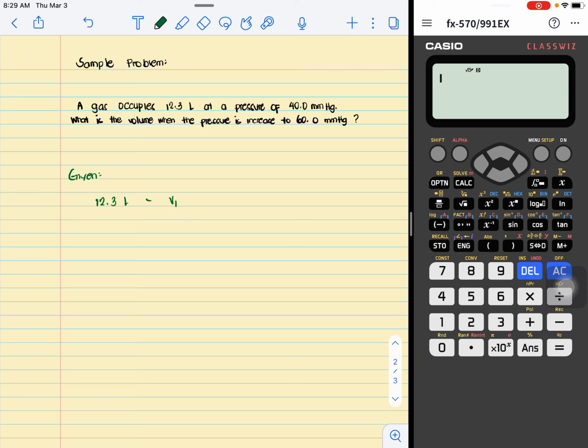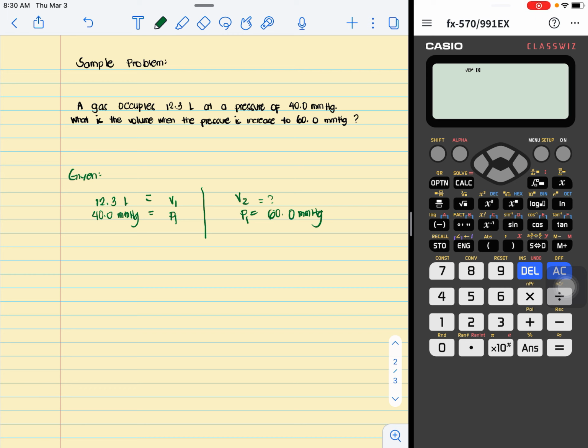We also have pressure 1, which is equal to 40.0 millimeters of mercury. Next, what is the volume when the pressure is increased? So from the initial state, we increase our pressure to 60.0 millimeters of mercury. What will be our new volume? So that is our problem.